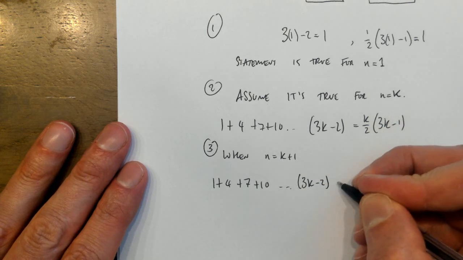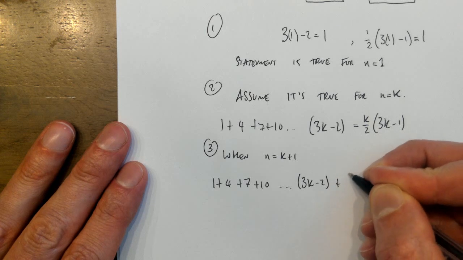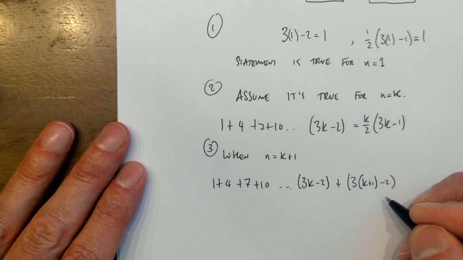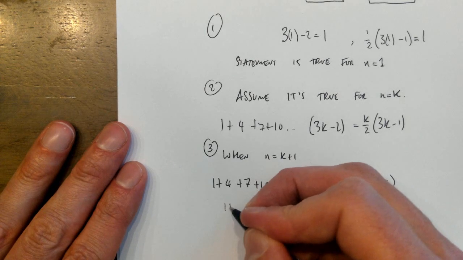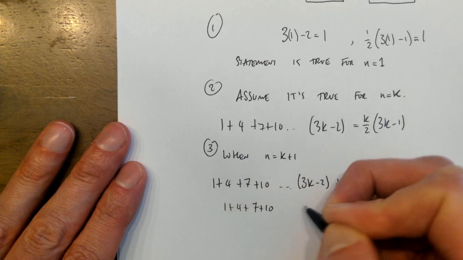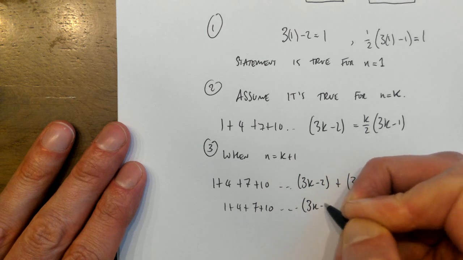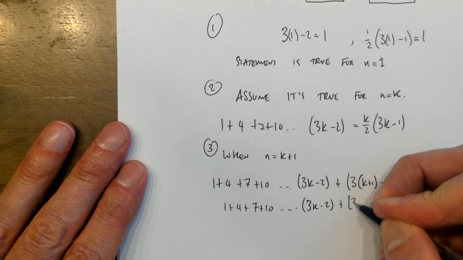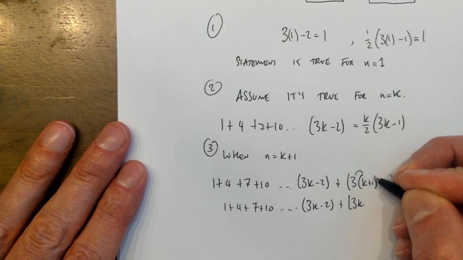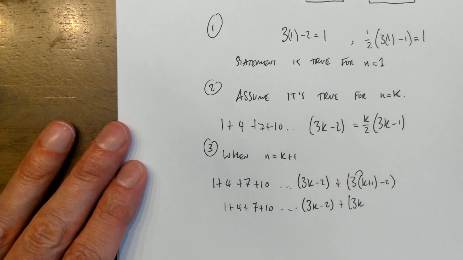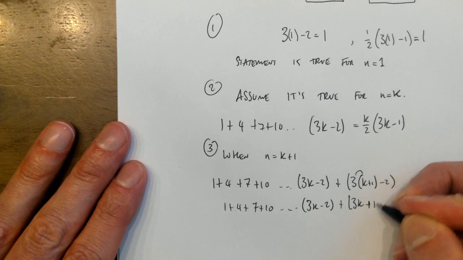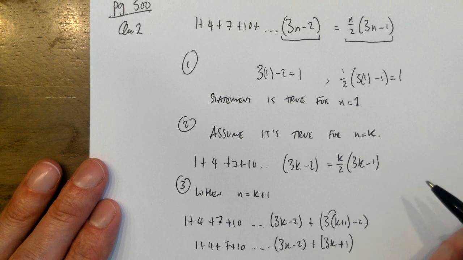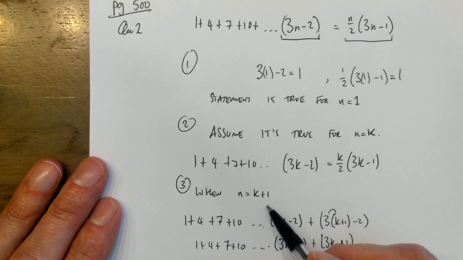So if I put plus 3 times k plus 1 minus 2 here, this becomes 1 plus 4 plus 7 plus 10 up to 3k minus 2 plus, 3k times 1 is 3k, minus 2 is 1, so it'll be 3k plus 1. So the left hand side of the original statement becomes this when n equals k plus 1.